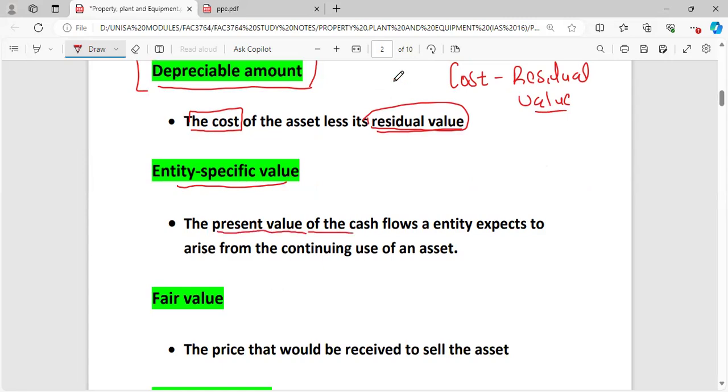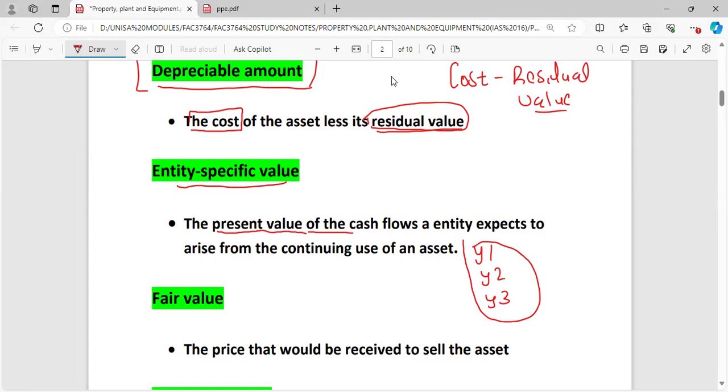In the specific value, it means you are going to determine the present value of the cash flows. When we talk of the present value of the cash flows, I think we do this in our web in MAC, which means you will have projected cash flow for year 1, year 2, year 3. So you need now to bring them to present value.